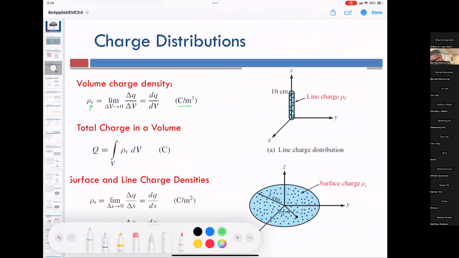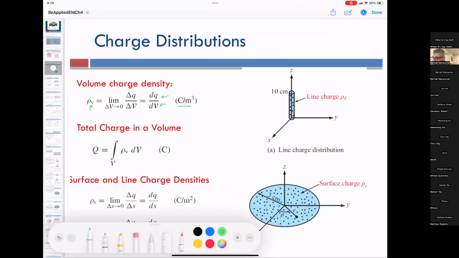And basically it says, if I take the charge over a volume and look at the limit as the volume shrinks to 0, how is the charge distributed? So you have an idea of density.